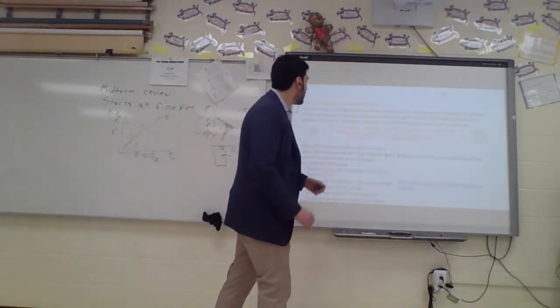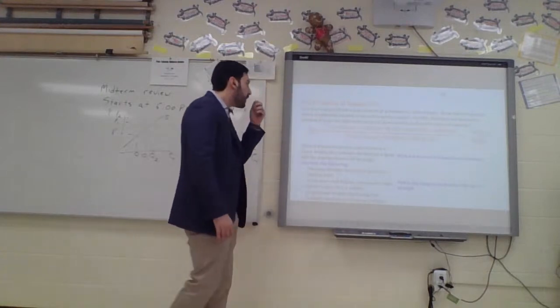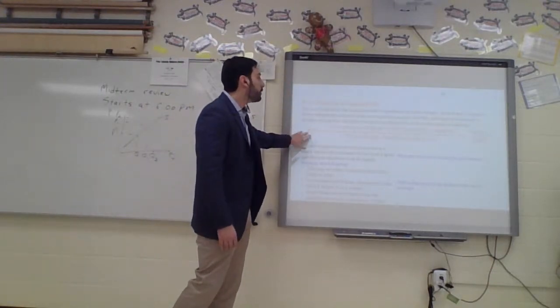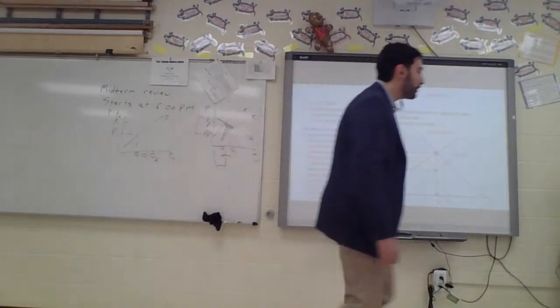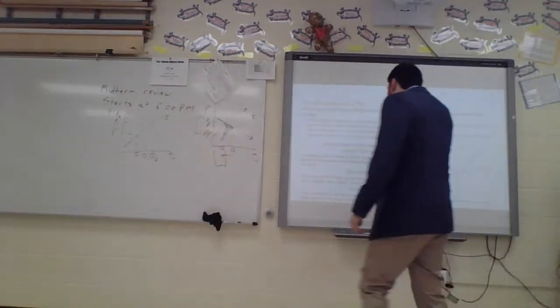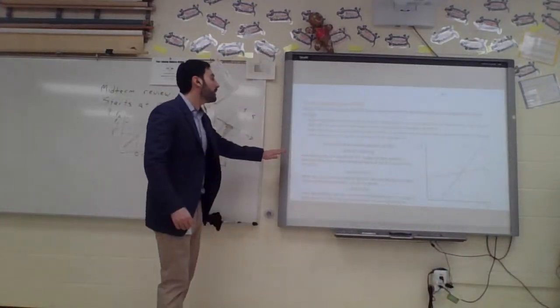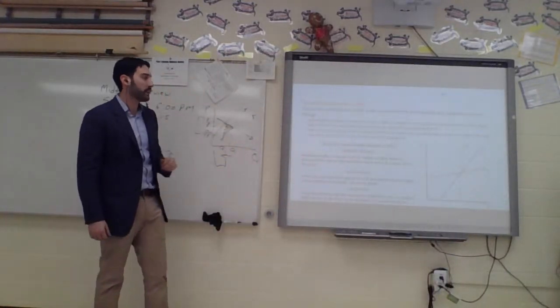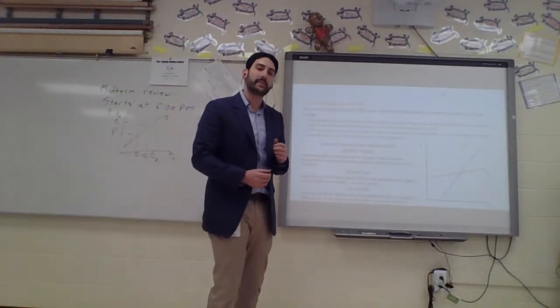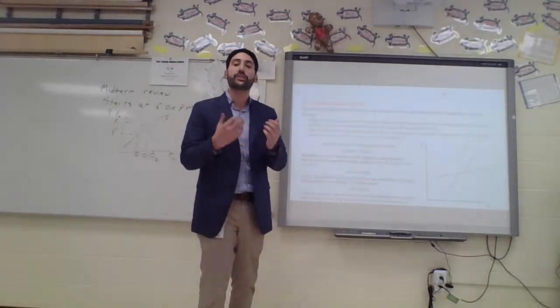All right. Lastly is PES. Other than the equation, what I'd really like you to know is that in the shortest of short runs, the market period, supply is going to be extremely inelastic because producers are stuck.